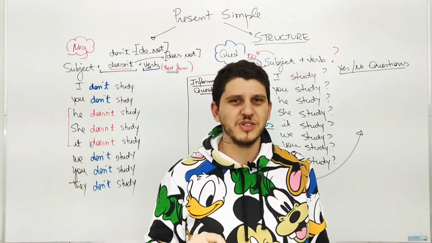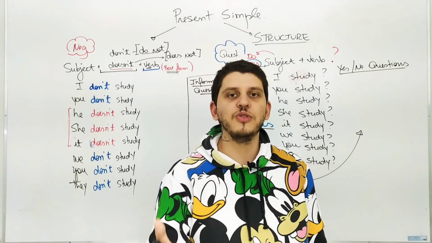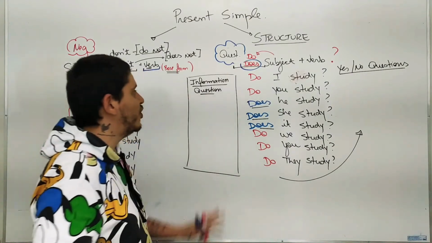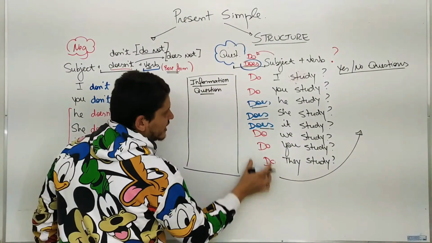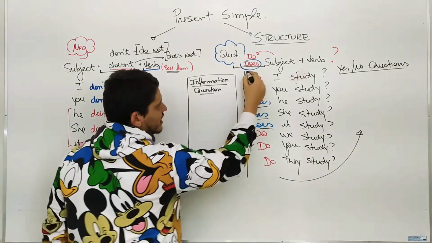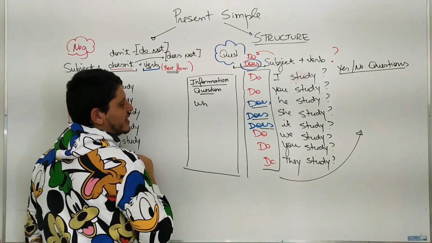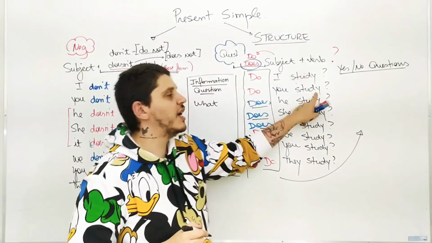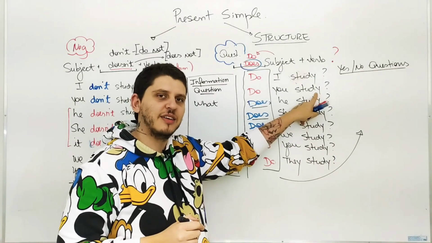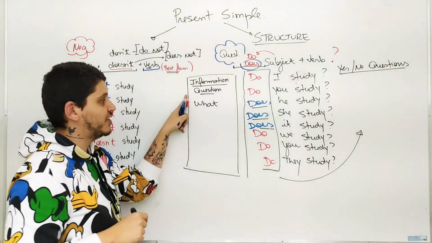It's not possible to answer with a yes or with a no, right? Because we need some new information. If you want to make those kind of questions, before the auxiliary here, you've got to use the WH words. What? For example, what do you study? What do you study? And this is not a yes, no question anymore. This is an information question.